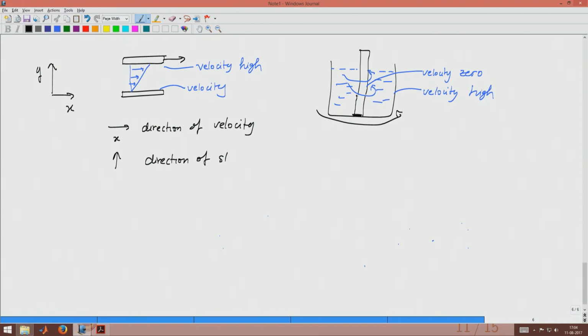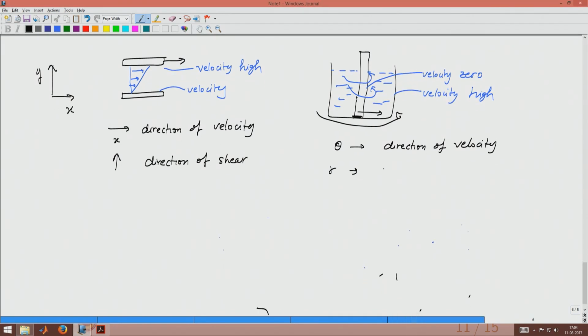So, that will be referred to as the direction of shear. Similarly, in this case theta is the direction of velocity and r, which is this direction outward, is the direction of shear.